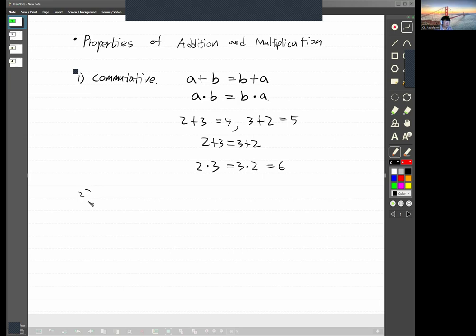Now, the second one, the associative property. (A plus B) plus C is the same as A plus (B plus C), or (A times B) times C is equal to A times (B times C).